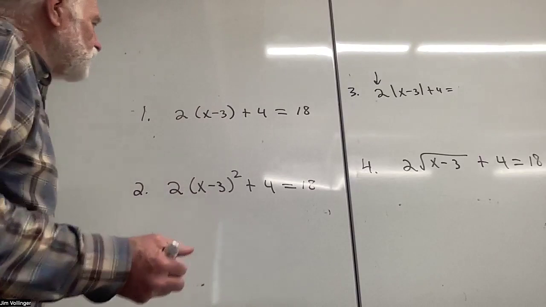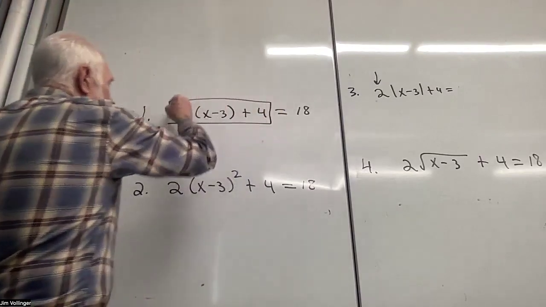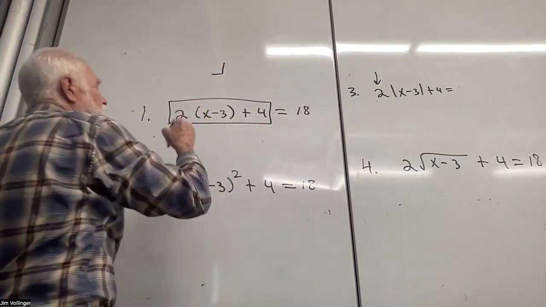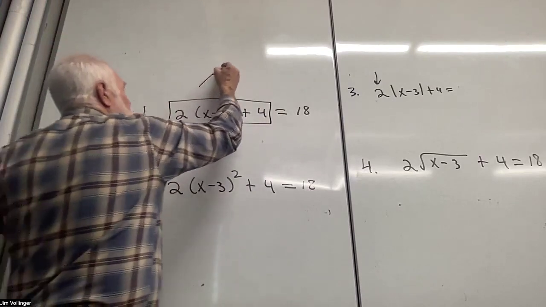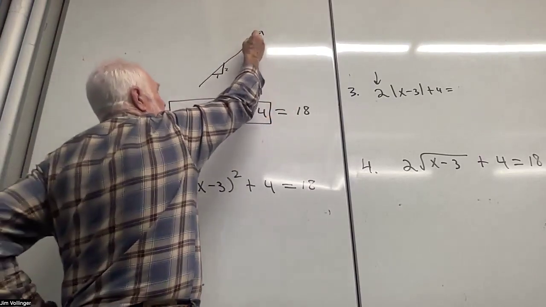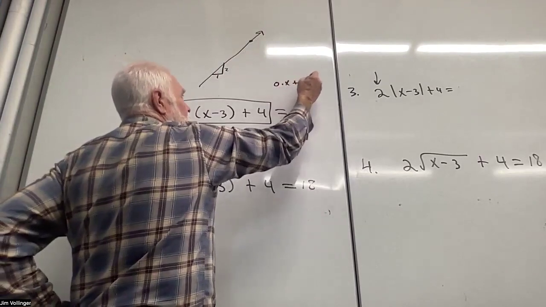All right, so let's look at it from a graphical standpoint first. I've got the equation of a line, and it's going up at a 2-to-1 clip. That looks to me to be 2-to-1. All right, and I'm going up to a height of 18. Now, 18 could have been written as 0 times x plus 18.